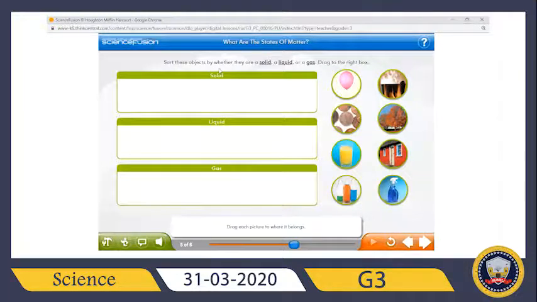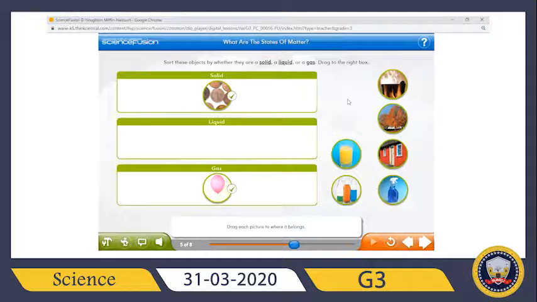So, is this solid, liquid, or gas? Which one is the right one? Air in the balloon. So, this is an example for gas, right? Good job. What about coins? Is this coin an example for solid, liquid, or gas? This is also for solid, right?